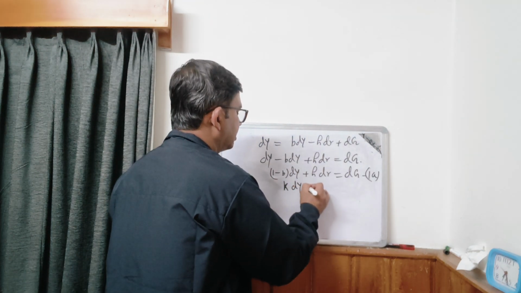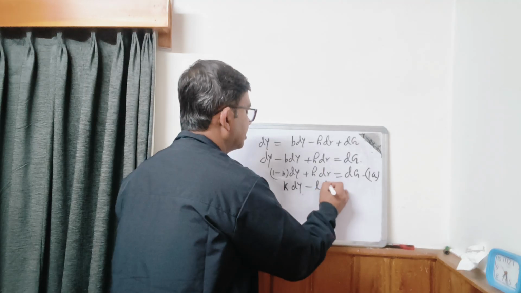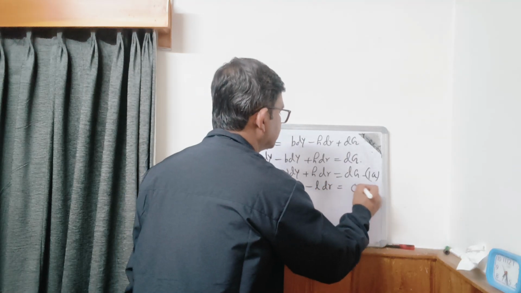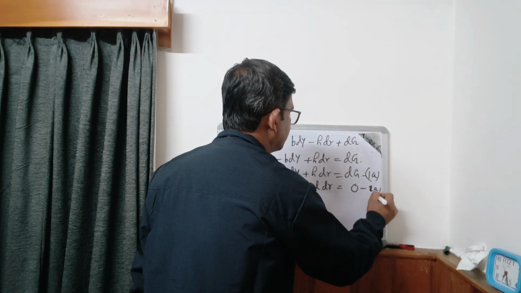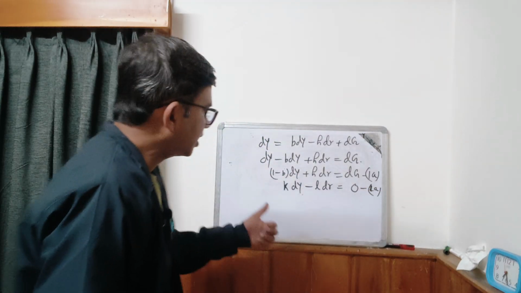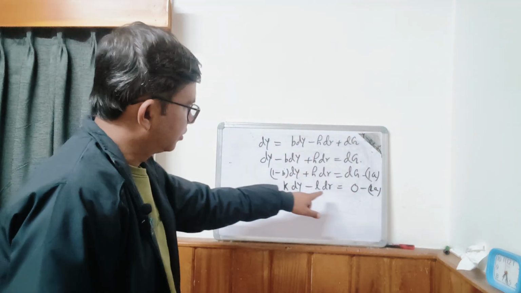K dY minus L dR equals 0. This is 2a. So what can we do here?